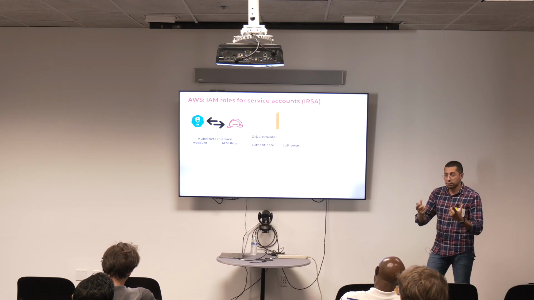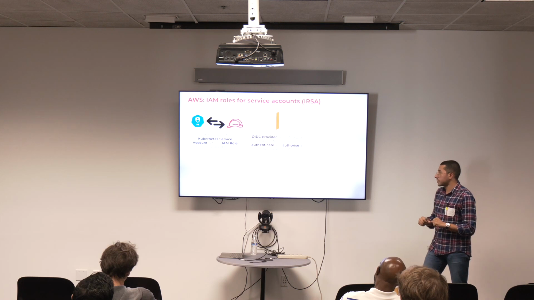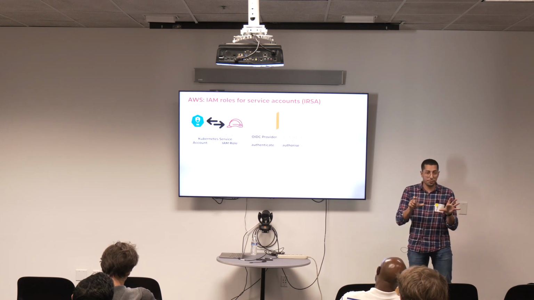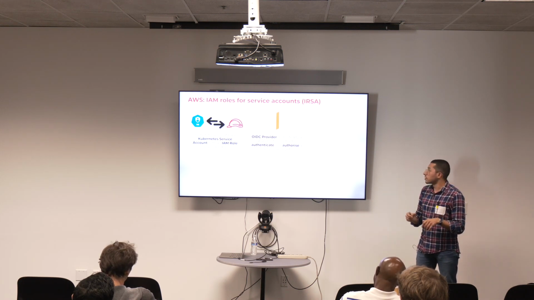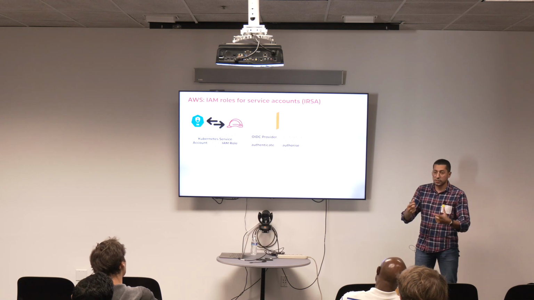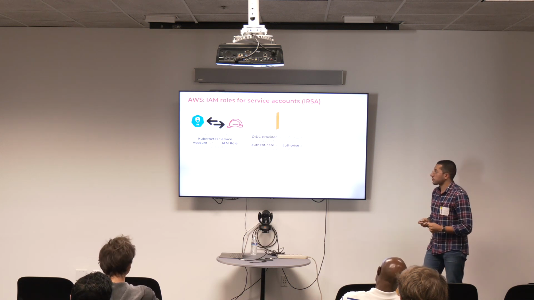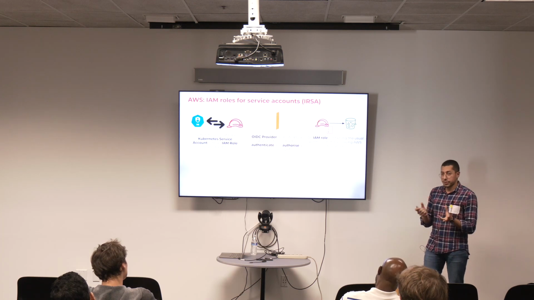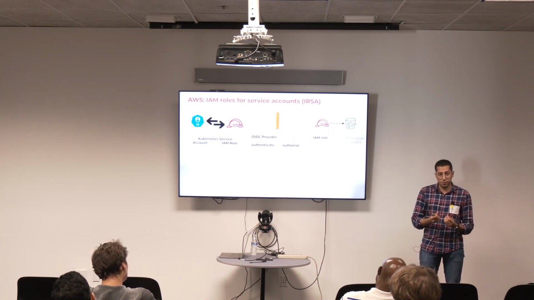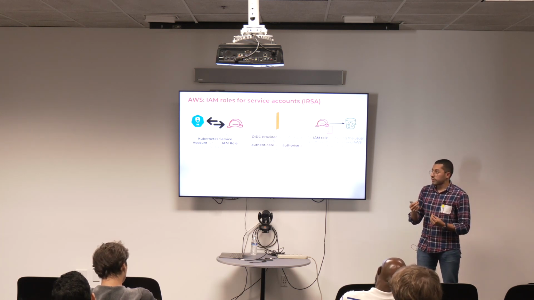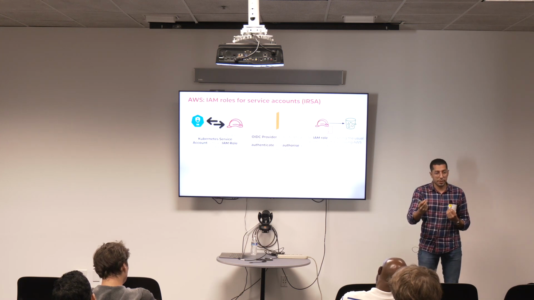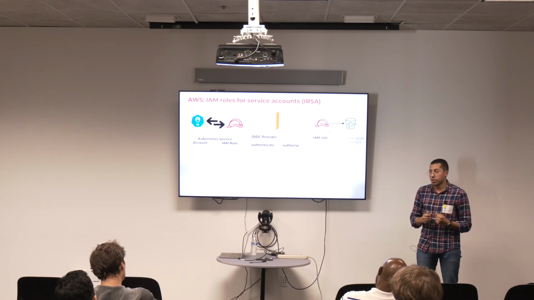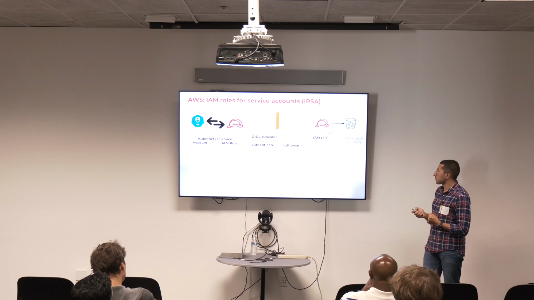For that, you have to create an OIDC provider dedicated to your Kubernetes cluster so that you can authenticate and authorize your service account. Of course, as a prerequisite, you also need to configure an IAM role so that your pod will have the appropriate permissions to access an AWS resource.